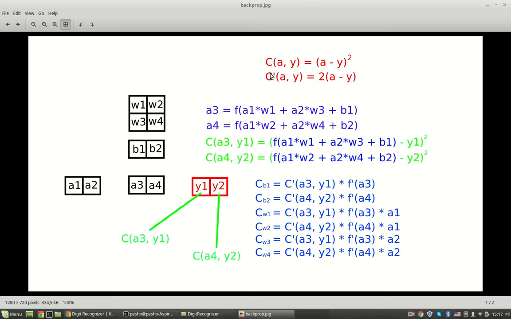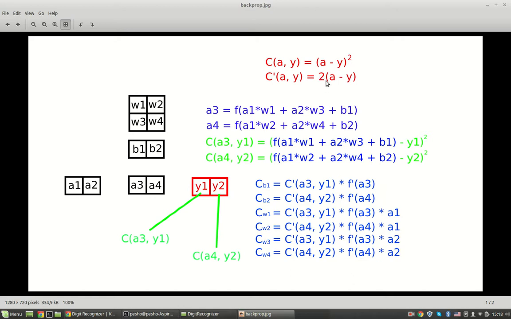So obviously, as you probably know from high school, to find the derivative of this function, we simply take that power of 2, move it to the front of the equation as a coefficient, so it becomes 2 times A minus Y, and we decrease that power, which becomes 1. So that's the actual derivative, 2 times A minus 2 times Y.